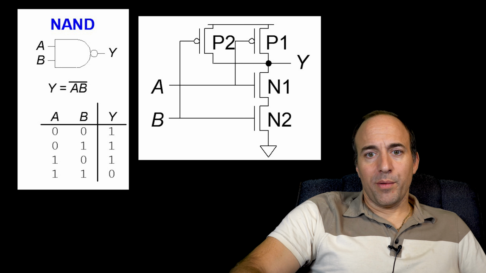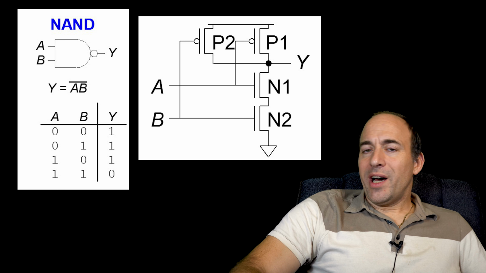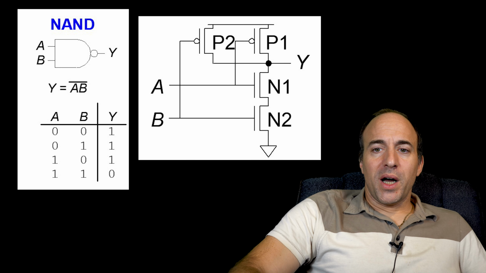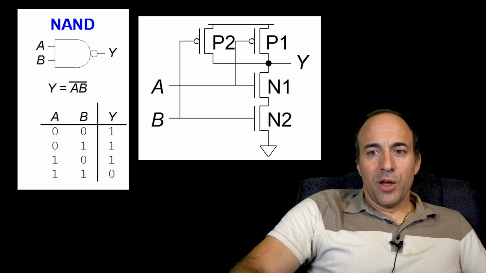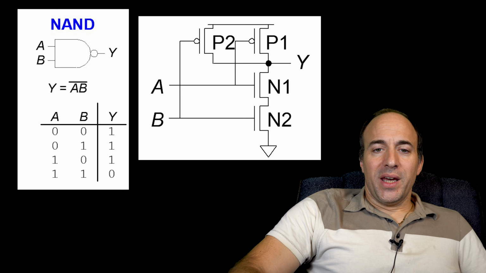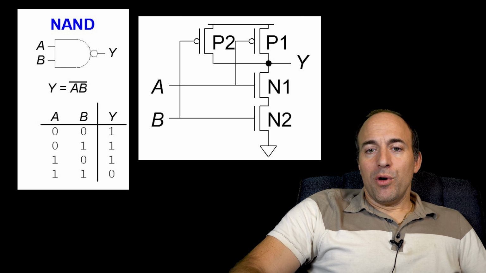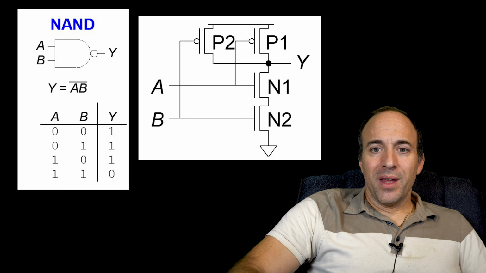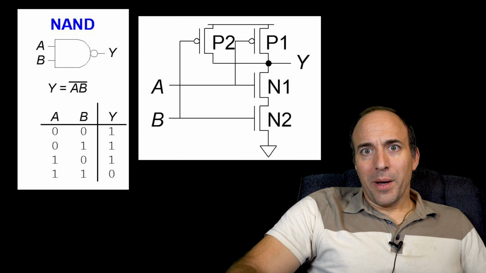If you look at the truth table here, each row having an output of 0 corresponds to a path through the pull-down NFETs, and each row that has an output 1 corresponds to a path through the pull-up PFETs.